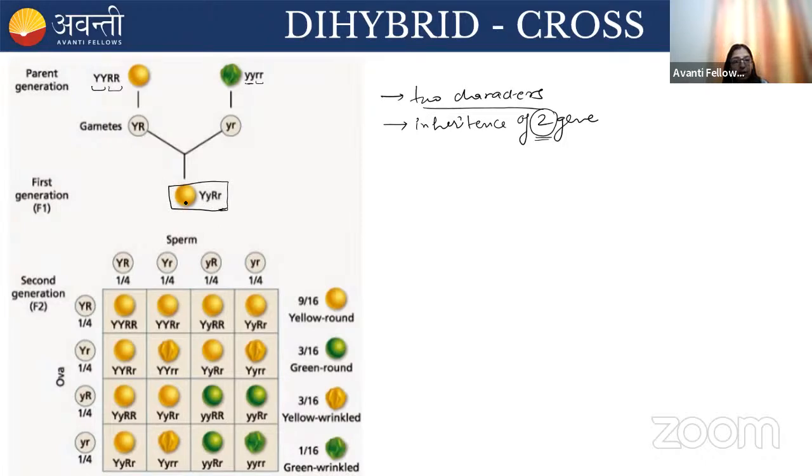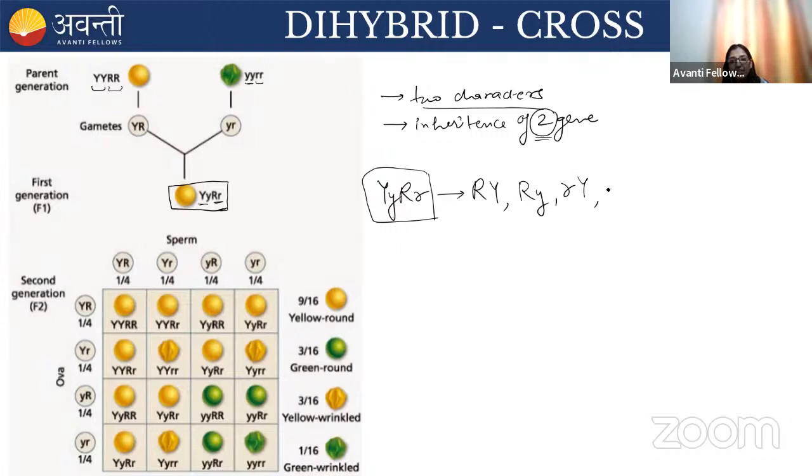offspring, which is yellow and round, but in heterozygous condition, that is capital Y small y, capital R small r. When this heterozygous offspring produces gametes, it will produce capital Y capital R, capital Y small r, small y capital R, and small y small r.